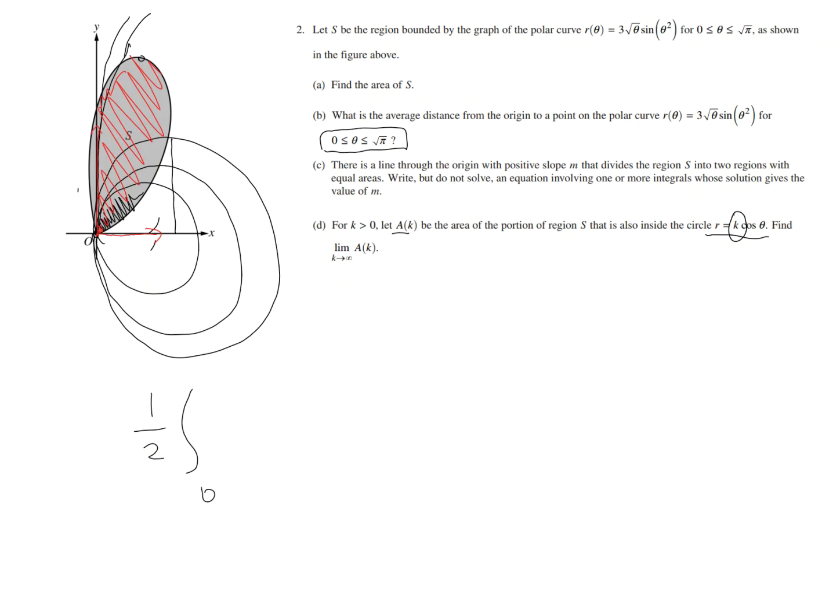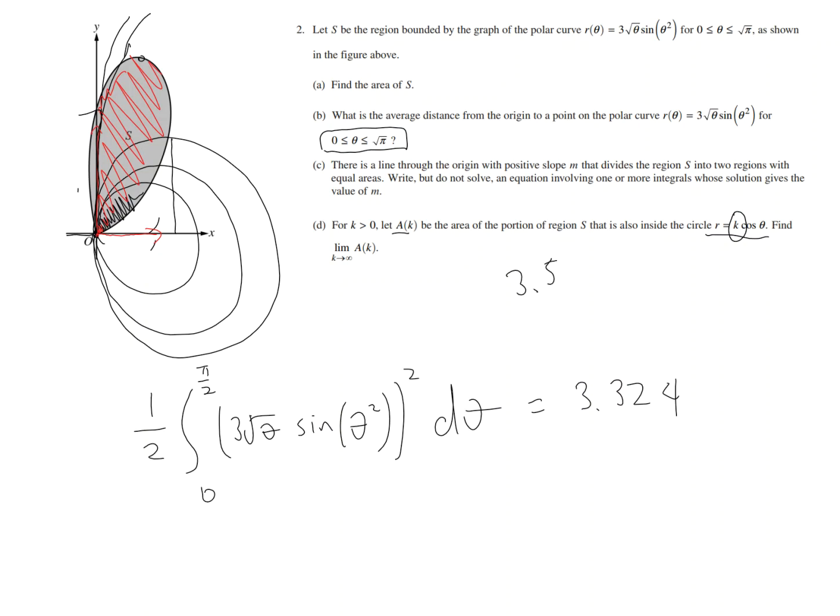This time we use the limits 0 to pi over 2, as we're ignoring this small section to the left. And then we'll do r of theta again, and solving for this equation gives us 3.324. which makes sense as the area of S we were given was 3.534. So it makes sense this small sliver makes the numbers like this.